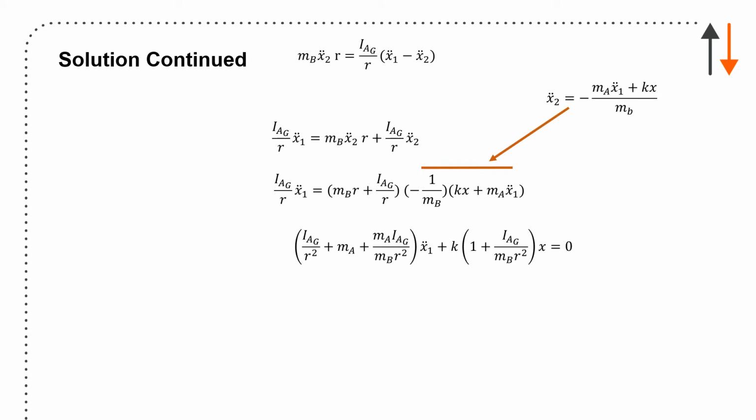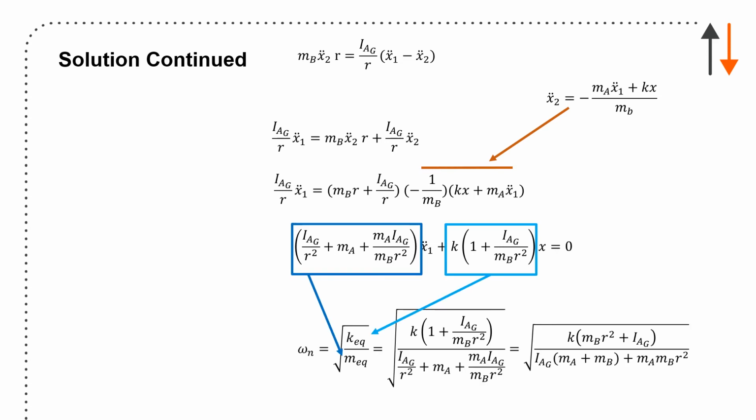Now, doing that, I have everything in terms of x1, and I have this other term, which should be x1 also. It's I_AG r squared plus M_A, M_B r squared, x1 double dot, plus K times I_AG over M_B r squared times x equals 0. Substituting in those two terms, the term in the light blue square is going to be my K equivalent.